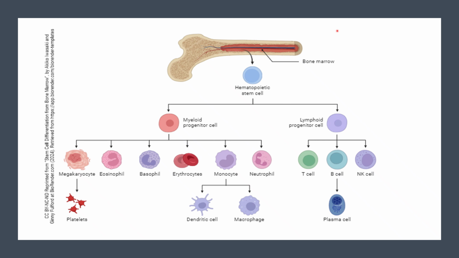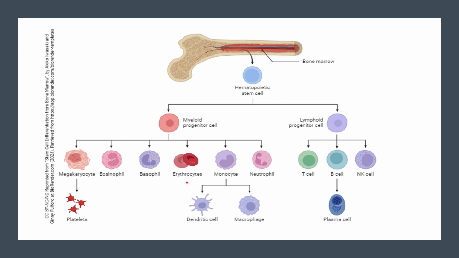The yellow marrow, adipose, can revert to red in severe anemia. And stroma, so the reticular cell and fibroblast provide growth factors like interleukins.